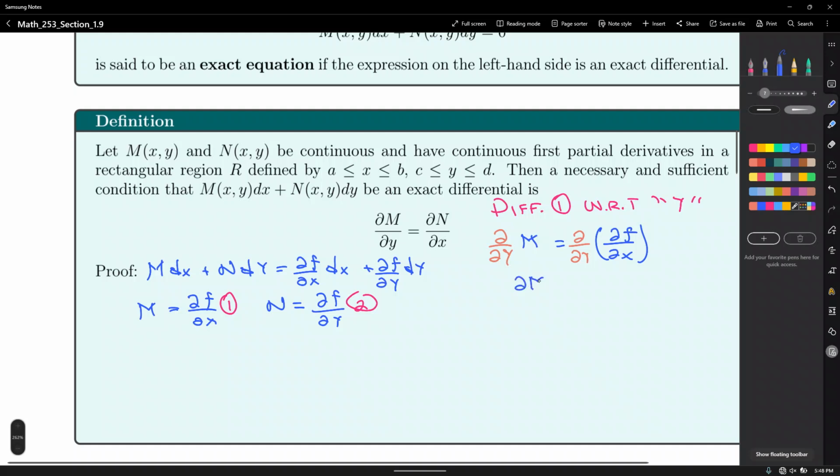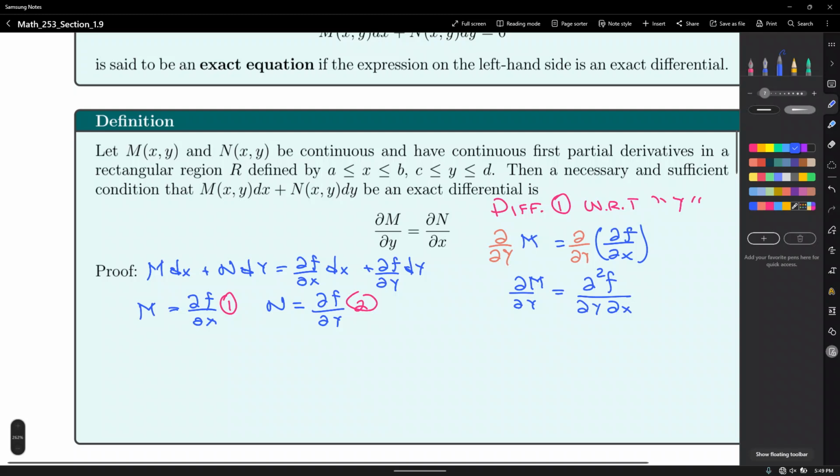That's going to be the partial of M with respect to y equals the second partial of f, first with respect to x and secondly with respect to y. That's what we get by differentiating both sides of number 1 with respect to y.